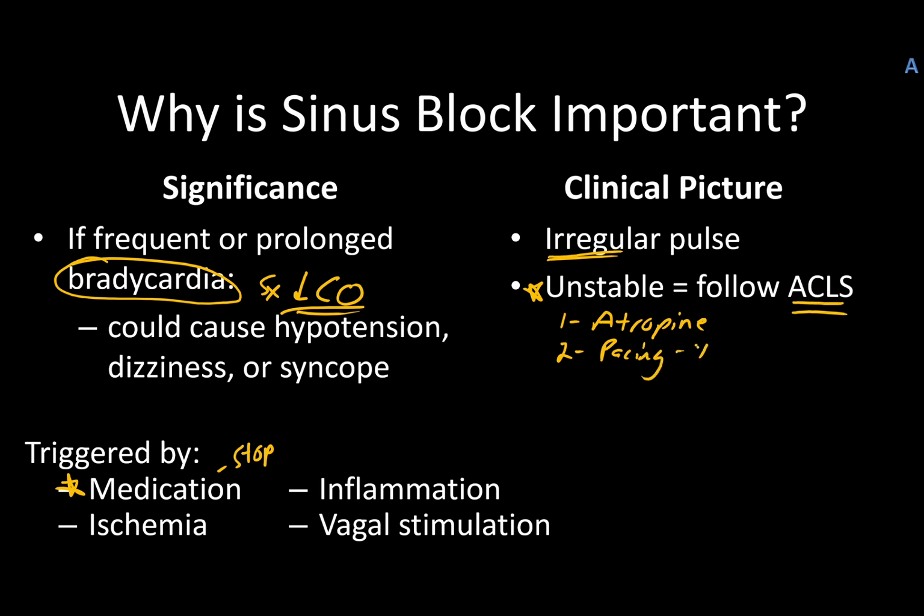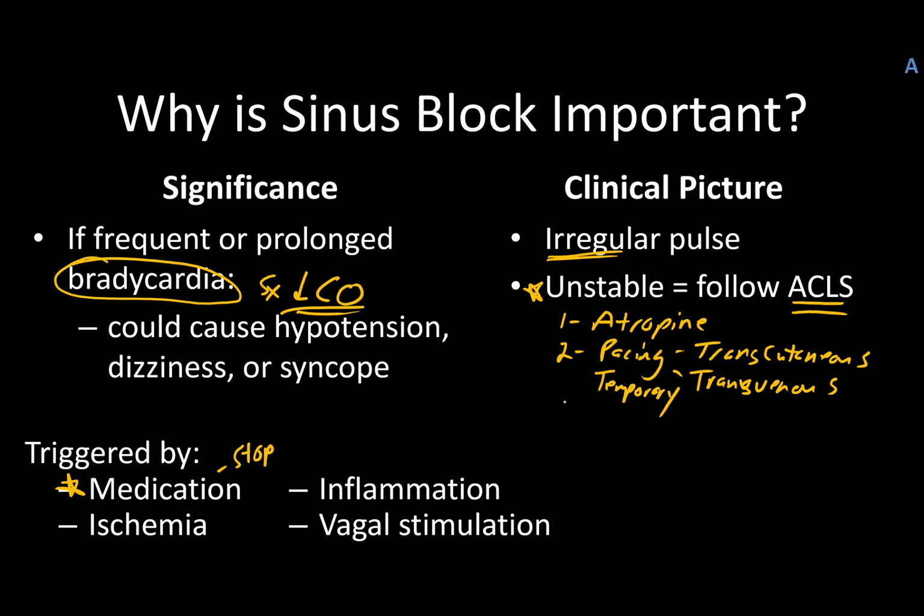And that'll start with transcutaneous. Or if it looks like this is something that will be prolonged for several hours or more, you may need to do transvenous. Of course, both of those are temporary. And then we'll see how they do from there.